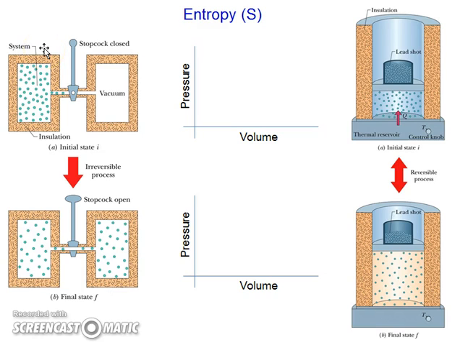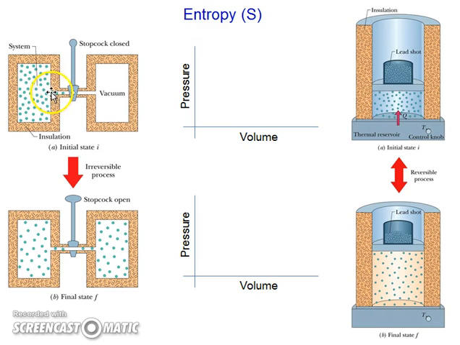Let's look at the free expansion of an ideal gas. We have taken this example before in an earlier discussion. In these two figures, we see the gas is in its initial equilibrium state I, confined by a closed stopcock.